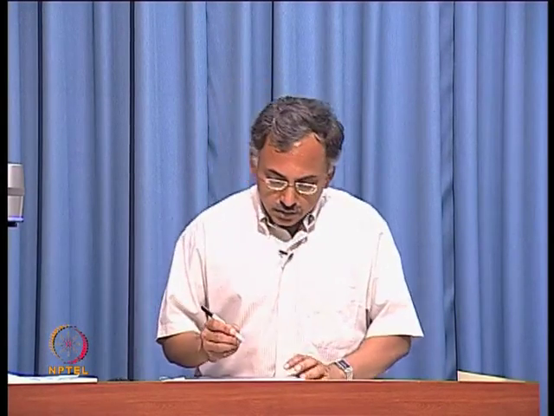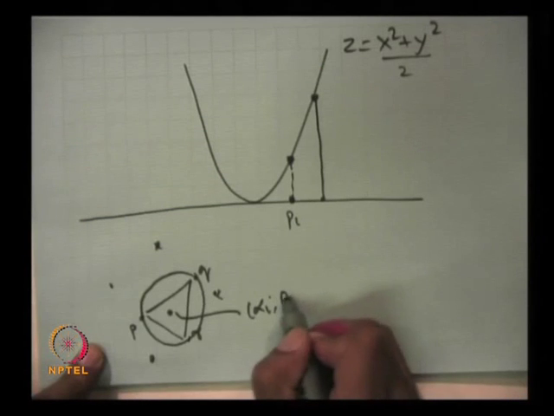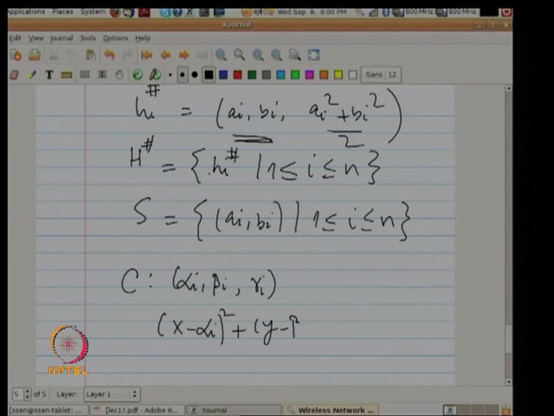So, if you have a circle, let us say circle C, whose center is alpha_i, beta_i, and r_i is the radius. So, you have a circle in 2D, and this is r_i. So, the equation of the circle is, I assume you might have seen this one.